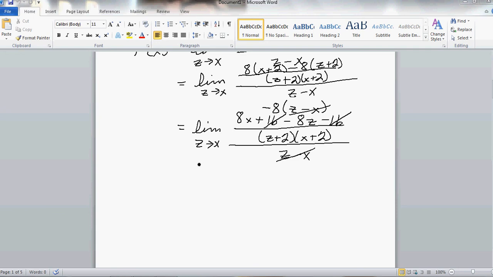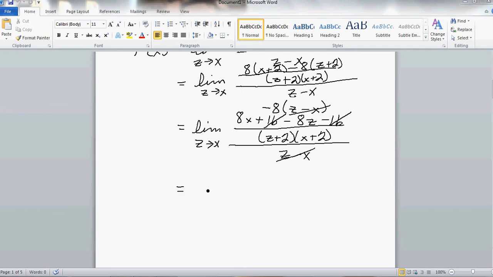So now we should be able to do a substitution, because we no longer have the problem of z minus x being in the denominator. That would end up being 0 if we would put in z in for x, or x in for z, because we're telling z to go closer to x.